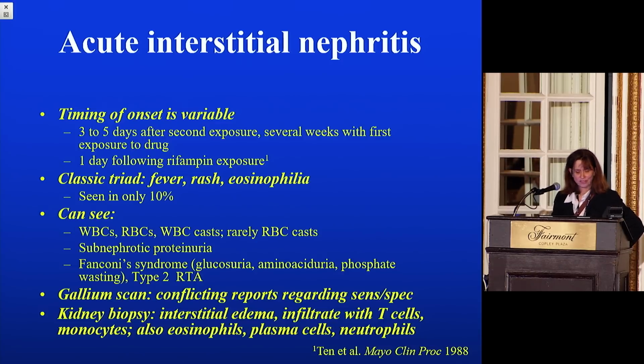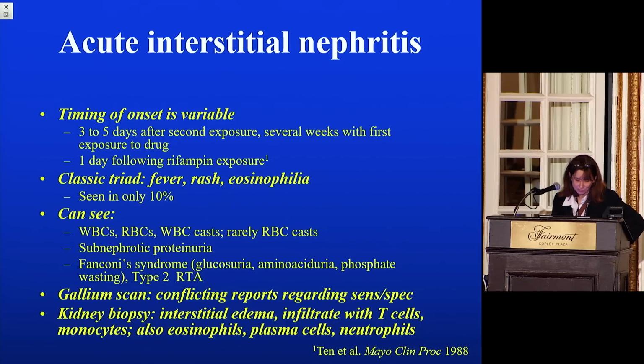You certainly can see white cells in the urine and white cell casts, and in my opinion, that's the most useful part, both to exclude other causes of AKI. But a white cell cast, and again, the case I described to you was in some ways rather an anomaly to have such a clear-cut white cell cast and have it not turn out to be AIN.